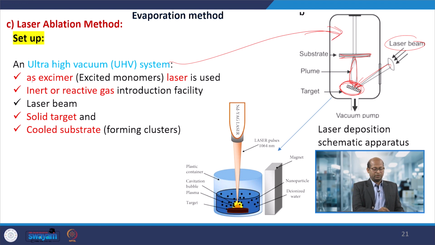In this ultra-high vacuum chamber, an excimer laser is used. There are various types of excimer lasers available that we will discuss later.